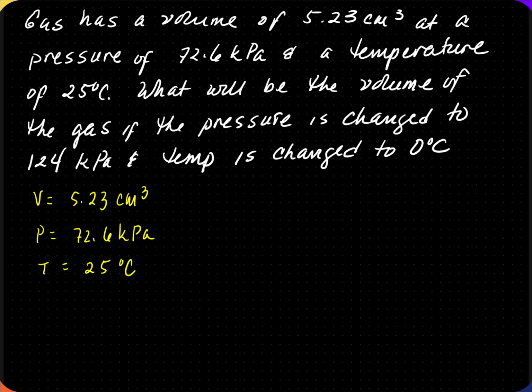What is the volume? So we have a second volume. So that means this one was volume 1. If the pressure was changed to 124 kilopascals, so that's pressure 2. And the temperature is 0 degrees Celsius. So this is pressure 1 and temperature 1.